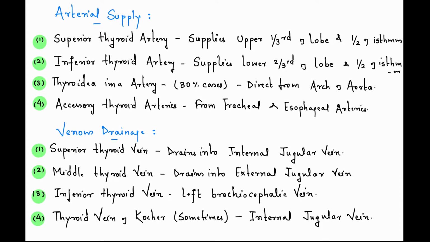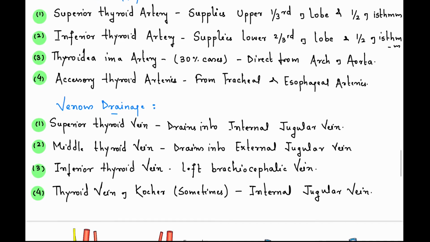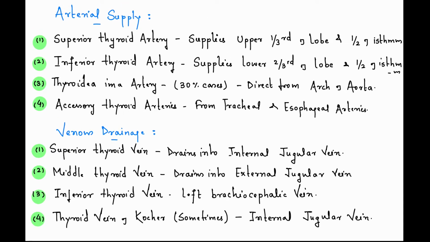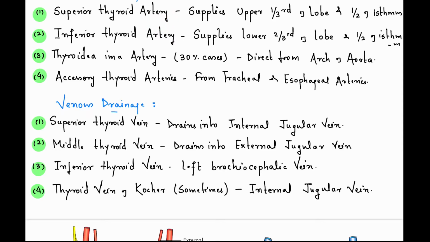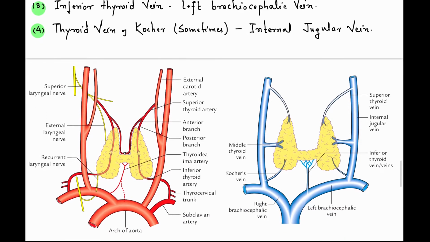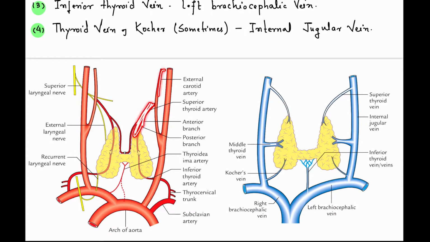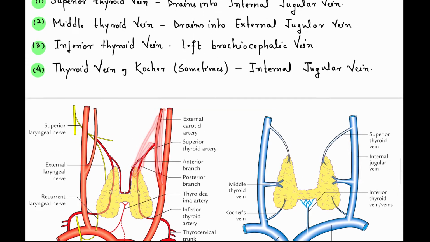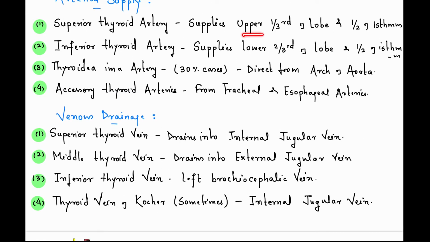The arterial supply: there are 4 arterial supplies, basically 3 arterial supplies, as the thyroidea ima artery is present in only 30% of cases. The superior thyroid artery, as you can see here, is a branch of the external carotid artery that supplies the upper 1/3 of the lobe and the upper half of the isthmus.